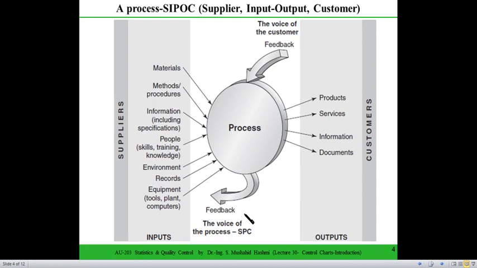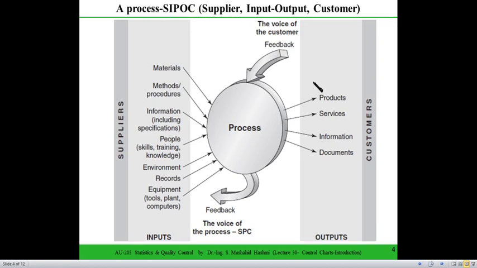So in this overall big picture, you can think of what the process involves: suppliers, input, process, output, and the customer. In short, we call it SIPOC. SIPOC means S for supplier, I for input, P for process, O for output, and C for customer.